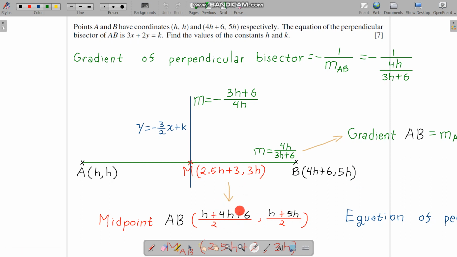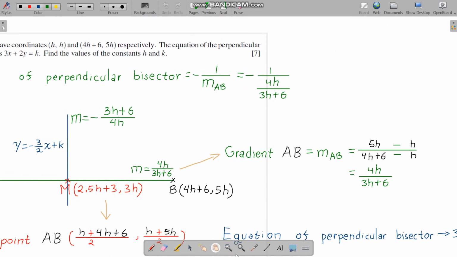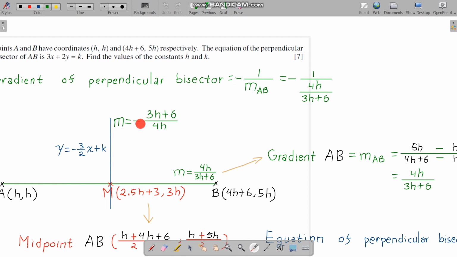Although it is in h, we can still just do the algebra and get the midpoint in terms of h. And now we can find the gradient also in h using the gradient formula. We can find the gradient in h, and we know that it's a perpendicular bisector, so we do minus 1 over, and we get the gradient of the perpendicular bisector.